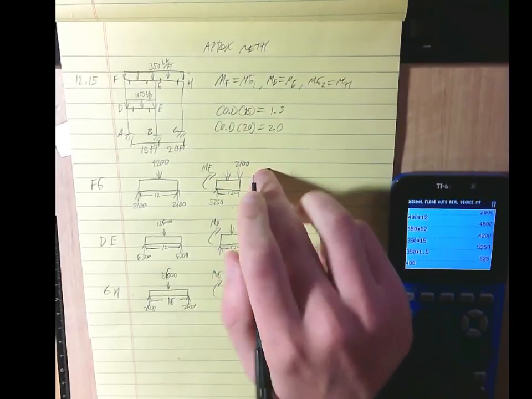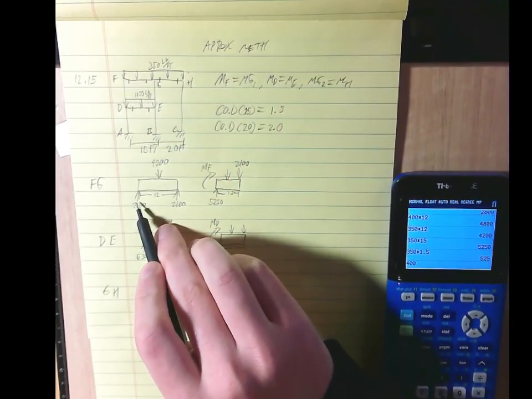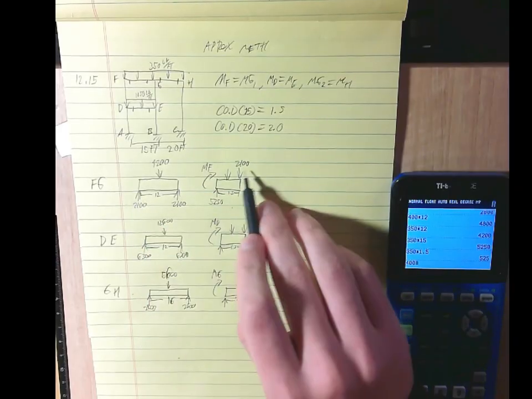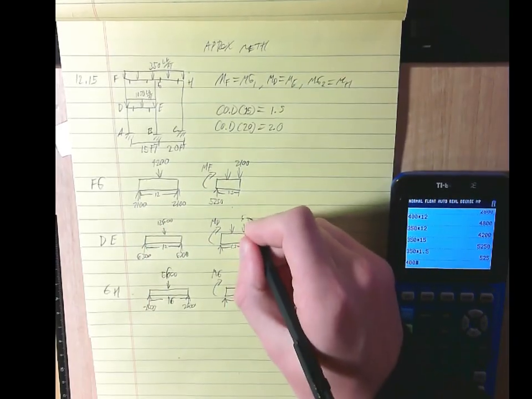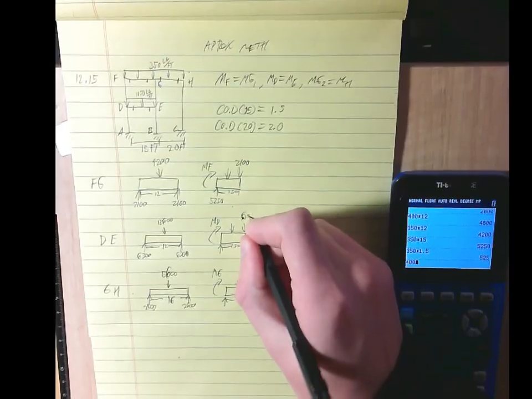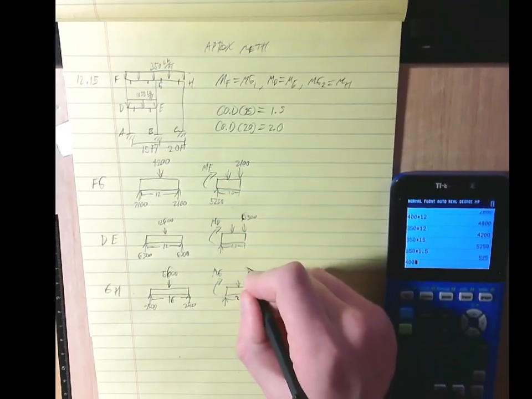And why is this 2100? Because we take this right here, equal and opposite. When it's cut, it's up here. So we can actually do that really quickly for all of these.